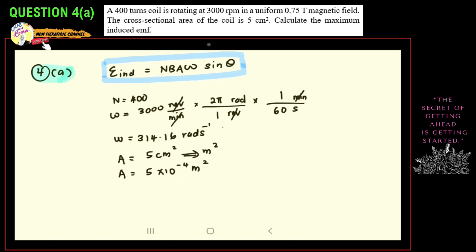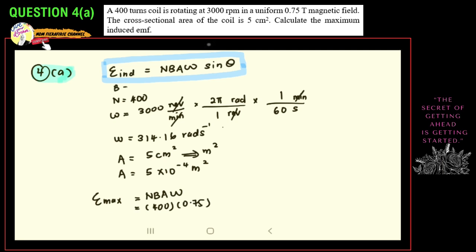Okay, so now we want to calculate the maximum induced EMF. So maximum induced EMF, so sin theta is equal to 1. So sin 90 is equal to 1 because we want to find the maximum induced EMF. So it's equal to NBA omega. So let's substitute all the equations. Given that the uniform magnetic field is 0.75 Tesla.